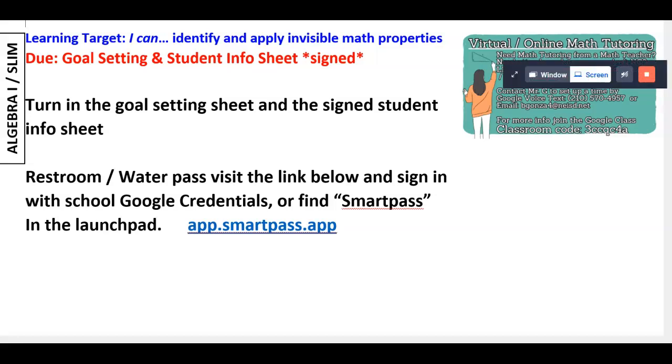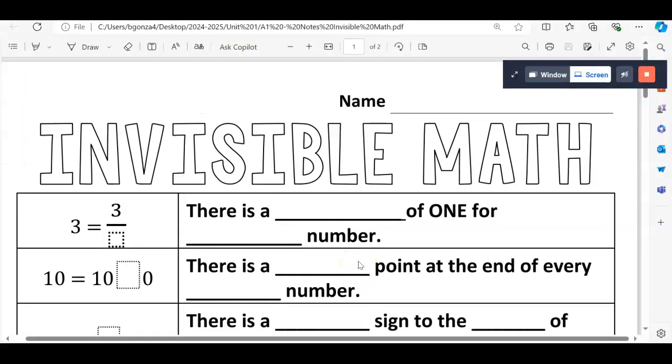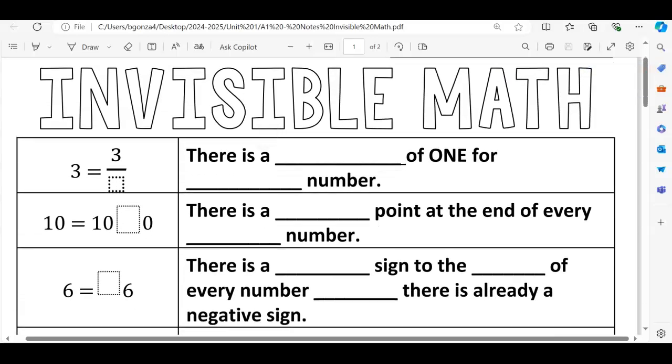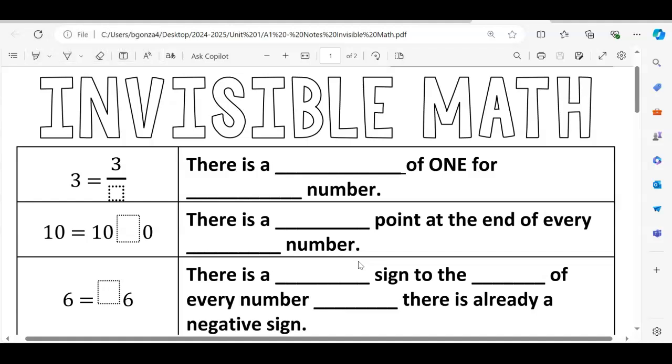Let's talk about this. So, does everyone have this sheet, invisible math? We're gonna fill it in as we go. All right, so invisible math. Like it sounds, it's invisible, okay?